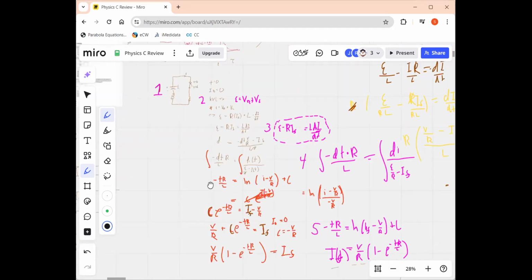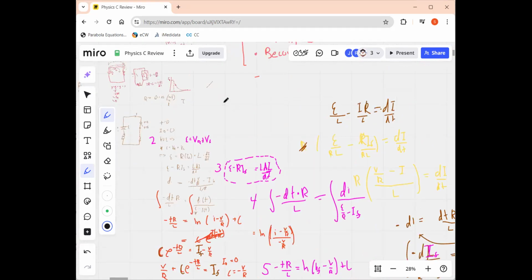So step one, draw this. Step two, V of resistor equals V of L. E minus IR equals L di/dt.